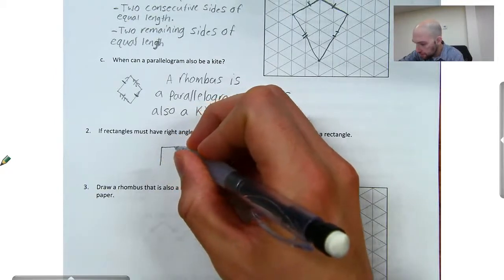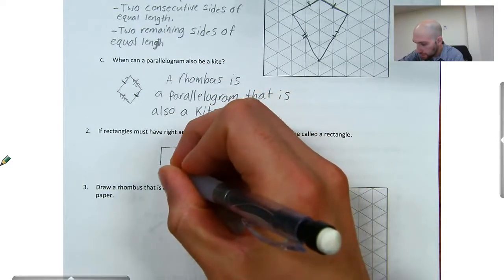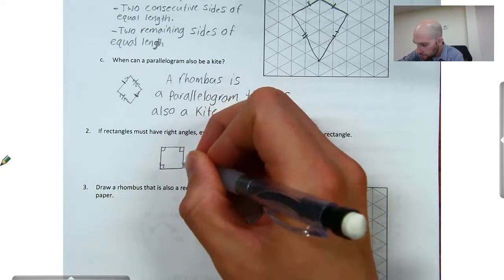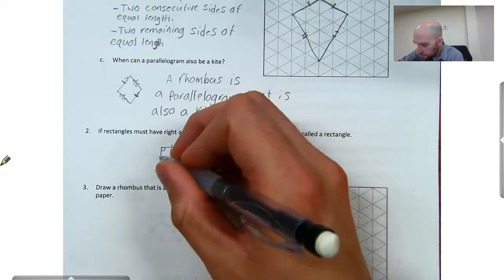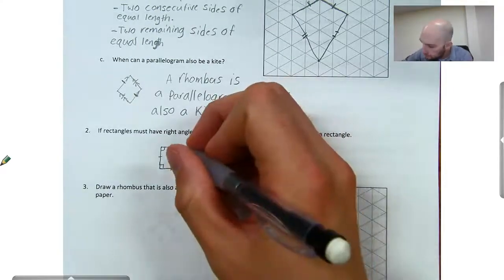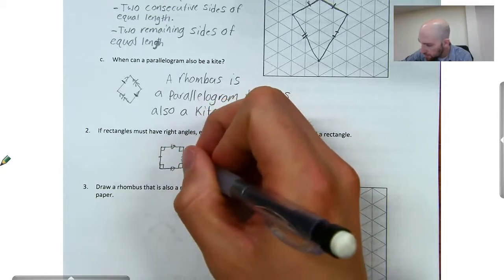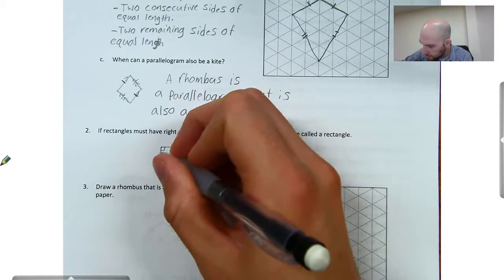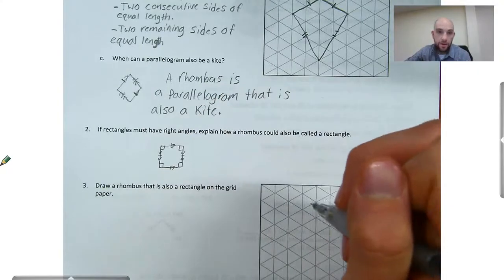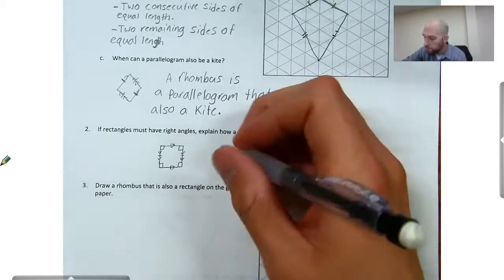It just has right angles. But because it's a rhombus, all the side lengths would also need to be the same. So we would have 4 right angles and 4 equal sides, and this side and this side would be parallel, and this side and this side would be parallel. So what we have here is a square.